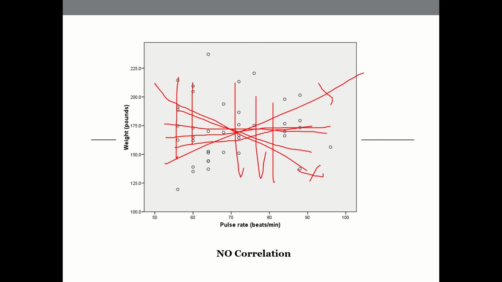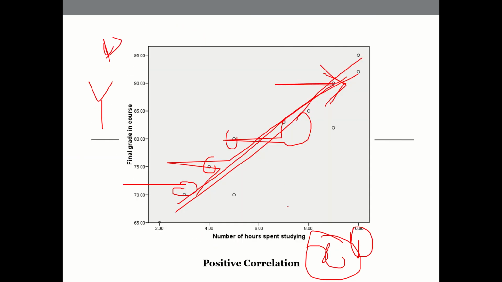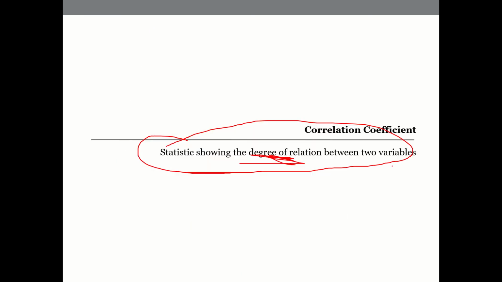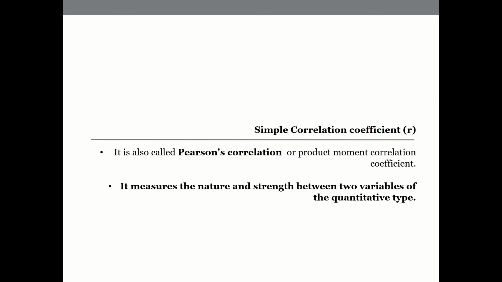How strong or how weak is the correlation between x and y in each diagram can be understood through a concept called the correlation coefficient. What is the correlation coefficient? It is also called Pearson's correlation coefficient.